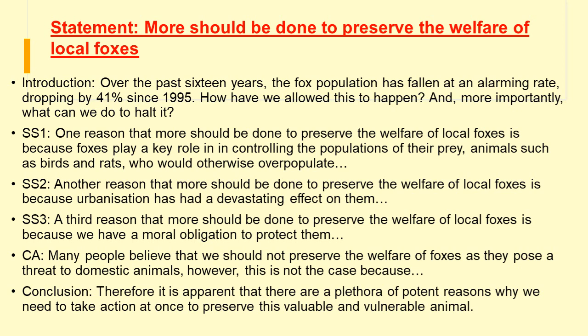So let's go on to the third one. The third reason that more should be done to preserve the welfare of local foxes is because we have a moral obligation to protect them. So we've talked about overpopulation, and so the first paragraph is quite pragmatic or practical. It's talking about how they're useful to us, so almost self-serving. Then the second one is talking about urbanization, so an environmental perspective, and the third one is quite distinct because it's a moral perspective.